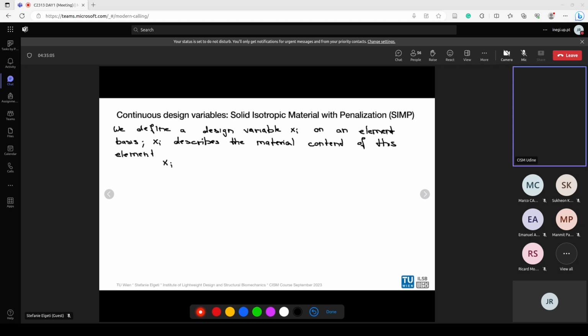Meaning that if xi is equal to 1, this element is full of material. If xi is equal to 0, the element is empty.